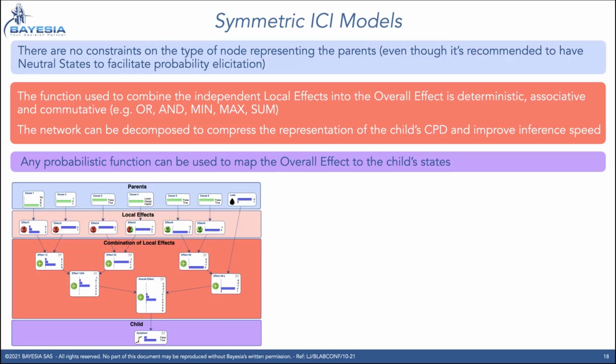And so all these local effects are then summed here. So I have this effect here that is a sum of these two. And then at the very end, I have a final node that sums all these local effects. And I'm using a threshold function here that will map this overall effect into a binary node, right?